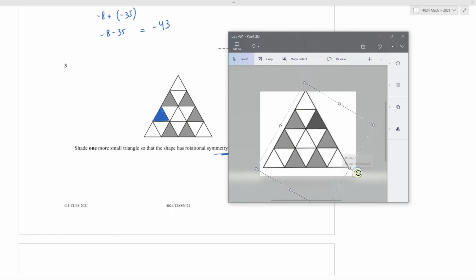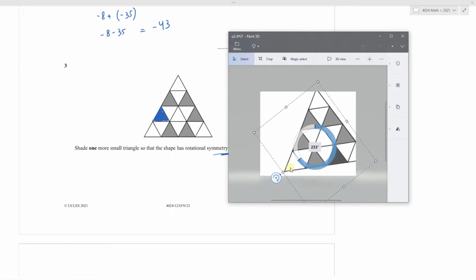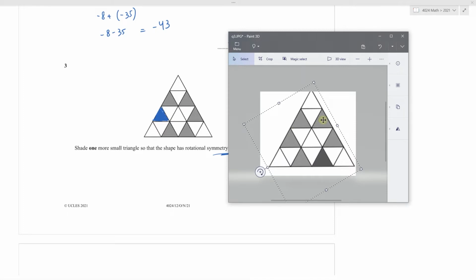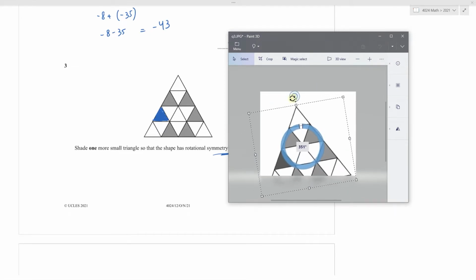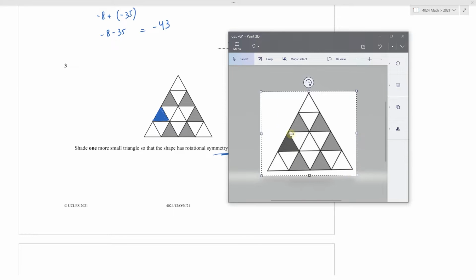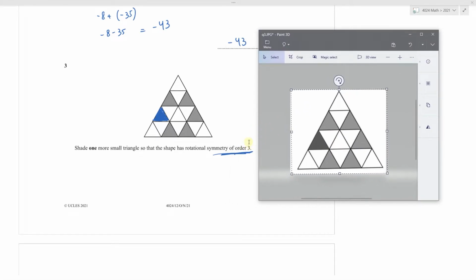And then if I continue my rotation another 120 degrees, that brings me to 240 degrees. Again, I get the same pattern that is in the original diagram. And then I come back to 360 degrees. So during the 360 degree rotation, you had the same exact shape 3 times, giving you rotational symmetry of order 3. So that's how you will solve this.